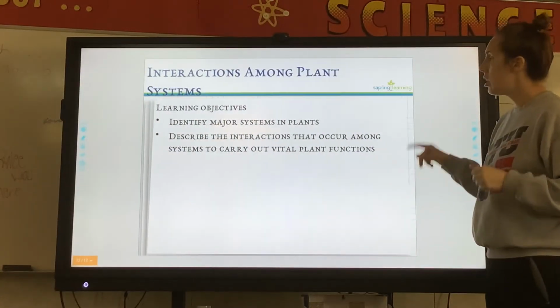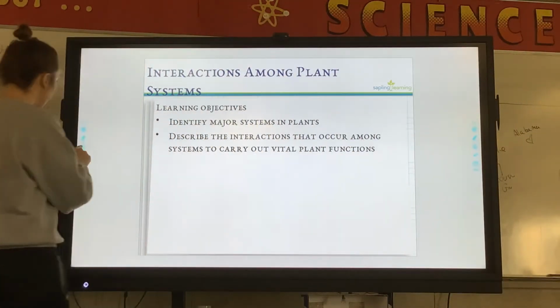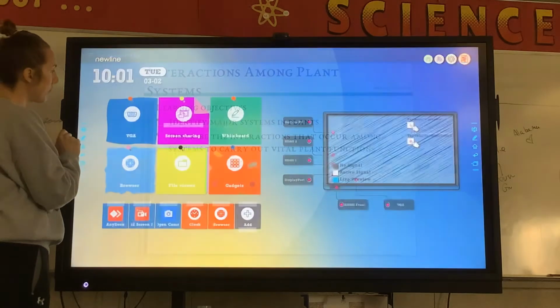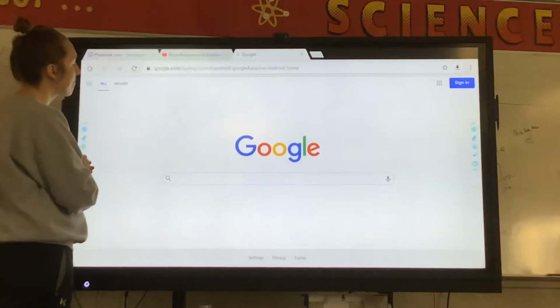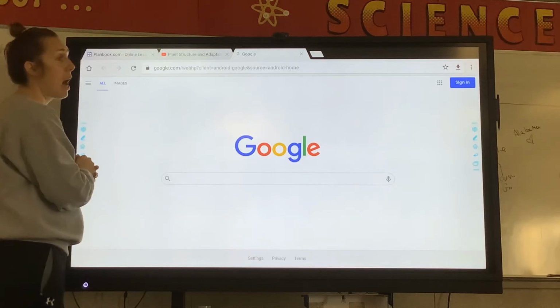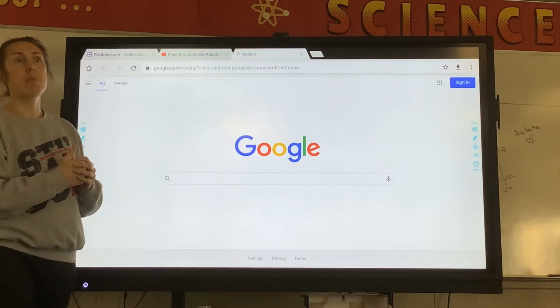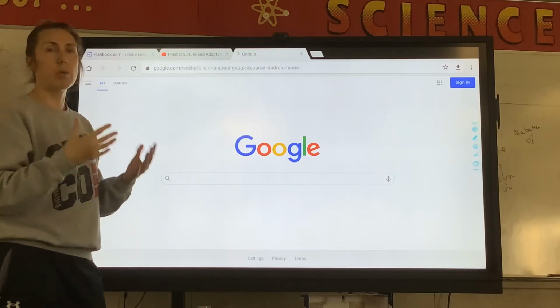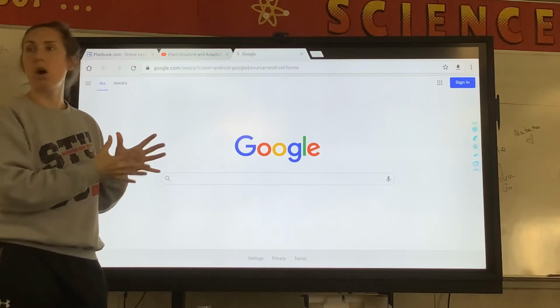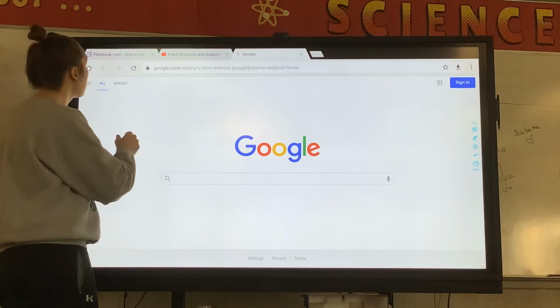Okay, so now we are going to do our foldable. I am going to give you this foldable after I'm done lecturing because instead of waiting for the slowest pace, I'm just going to put it all up on the board and y'all can copy it at your own pace.